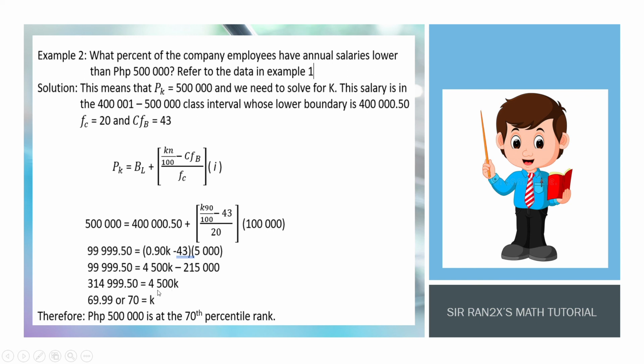It remains 4,500k. And then what's next? You are going to divide by 4,500, and divide the other side also by 4,500, and you will have an answer for k, which is 69.99, or approximately 70. So 70 is your value of k. Therefore, the 500,000 pesos is at the 70th percentile rank.